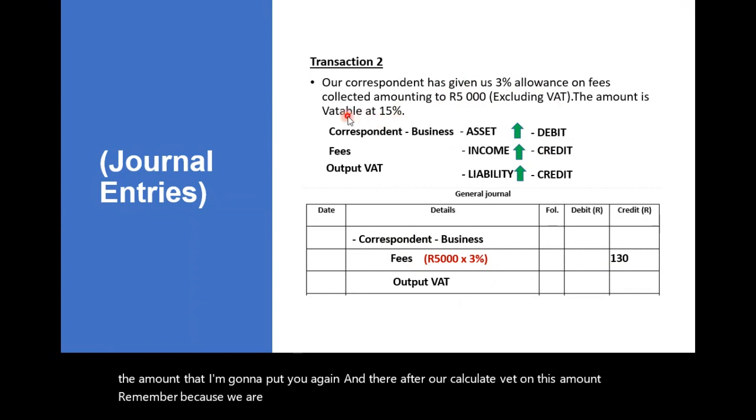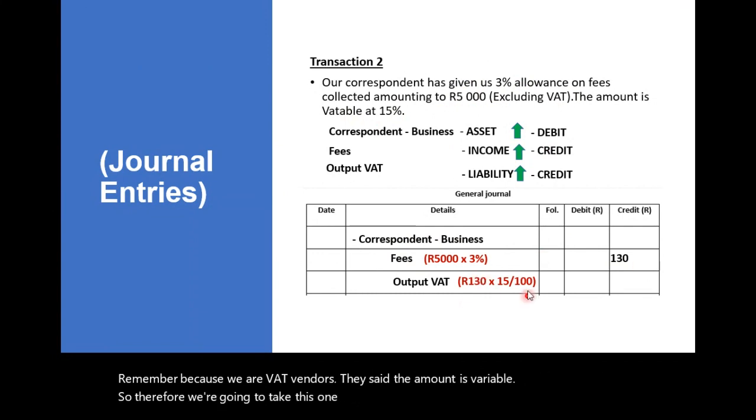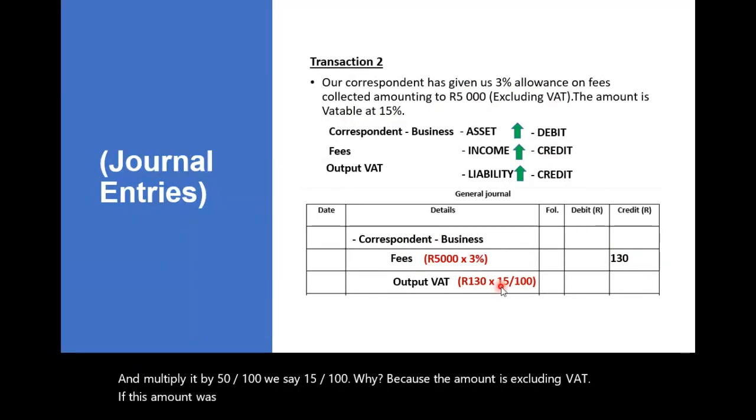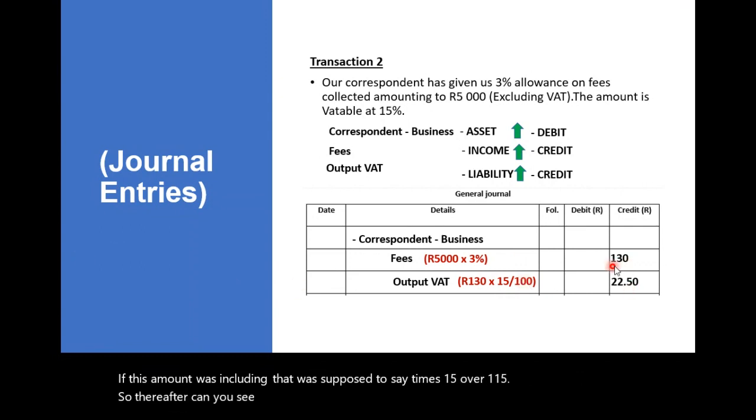Remember, because we are VAT vendors, they said the amount is VATable. So therefore, we are going to take this 130 and multiply it by 15 over 100. We say 15 over 100. Why? Because the amount is excluding VAT. If this amount was including VAT, we're supposed to say times 15 over 115. Okay, so thereafter, can you see how much we got? We got VAT of 22 rand and 50 cents.